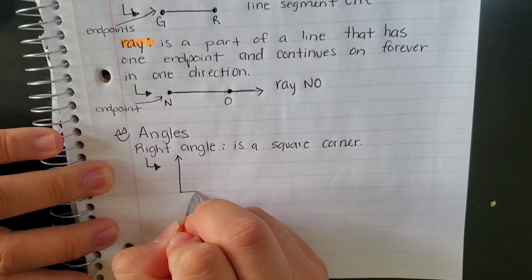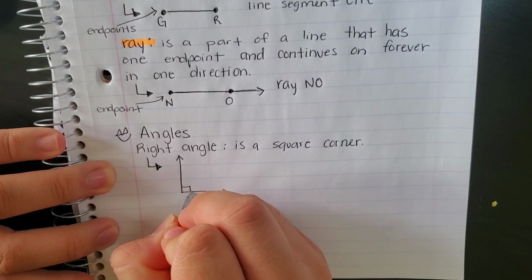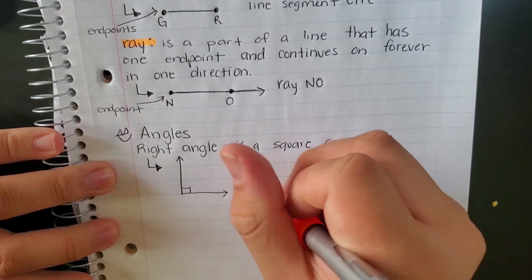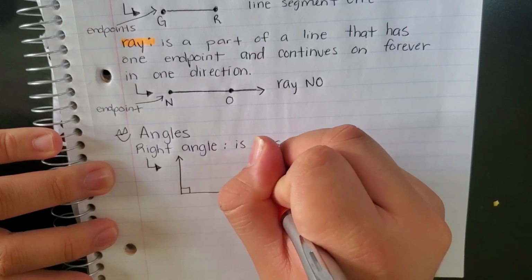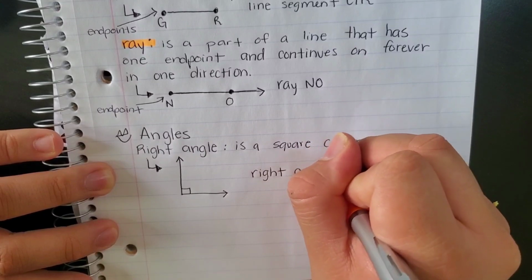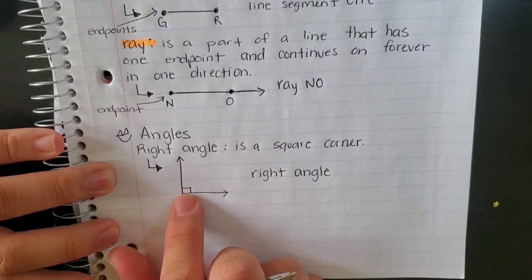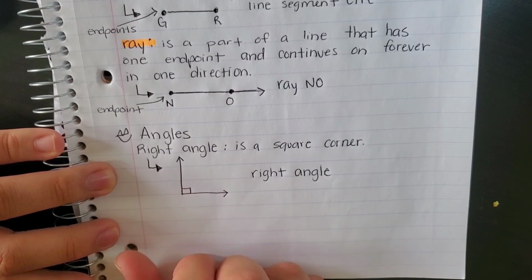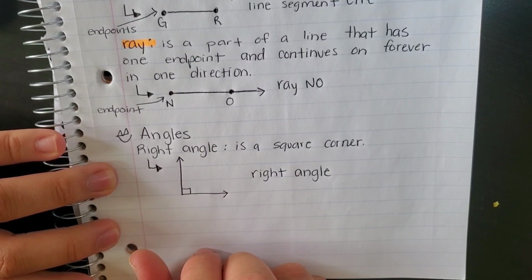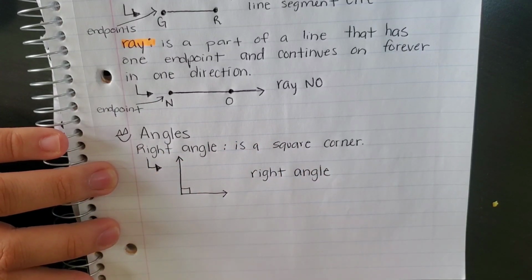So our rectangles and our squares, those have square corners, right? So they form what we call a right angle. So our right angles will look like these right here, and they will usually have that little square on the corner, signifying that it is a square corner. Okay, so usually our right angles will look like this.